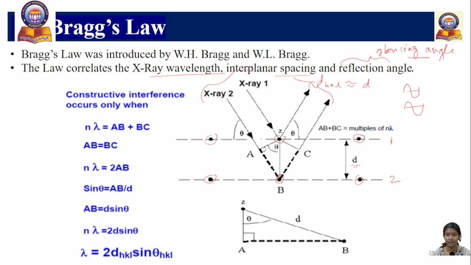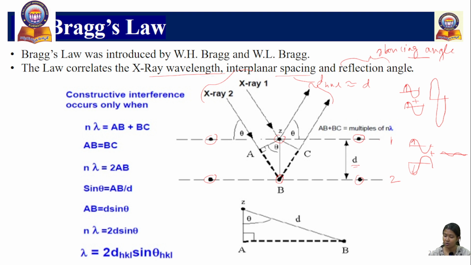They will interfere. Interference can be of two types: they can interfere constructively or destructively. See, this is a crest of a wave, and this is also a crest of a wave. If you add them, crest and crest will give you a longer crest and a longer trough. In the other case, if one is up but the other is down, and you add them, you will get nil or very little amplitude.